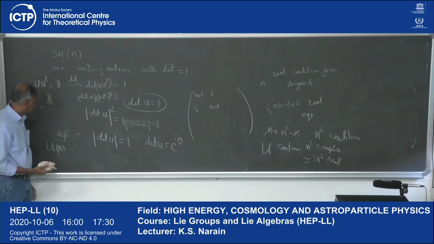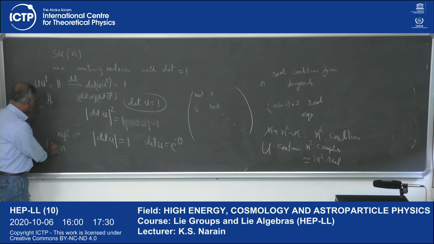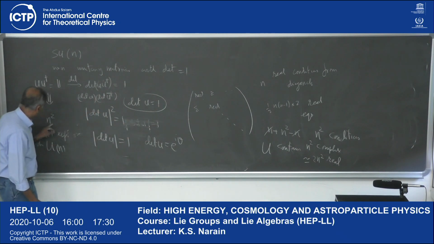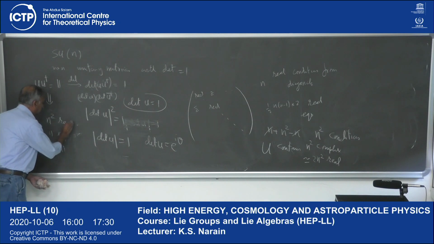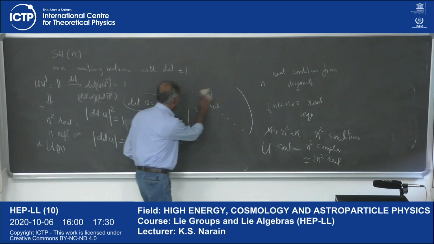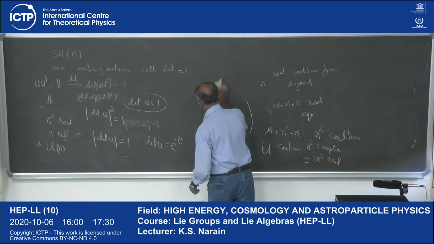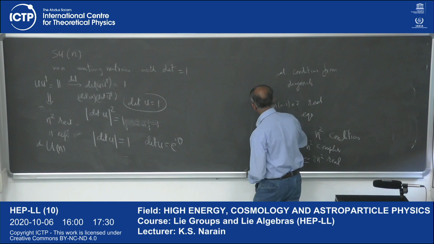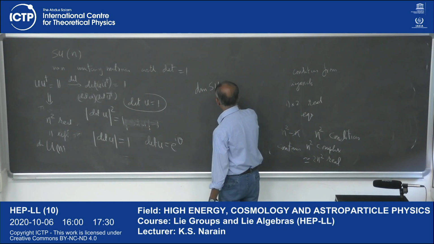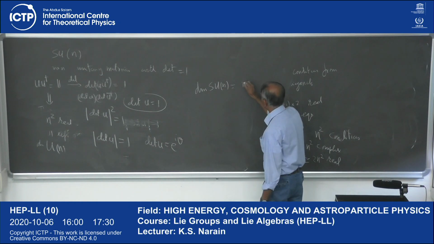So since the dimension of UN was n squared, and by imposing this condition we are fixing one more real parameter, the dimension of SUN is one real dimension less than that. So the dimension of SUN is n squared minus 1 real.